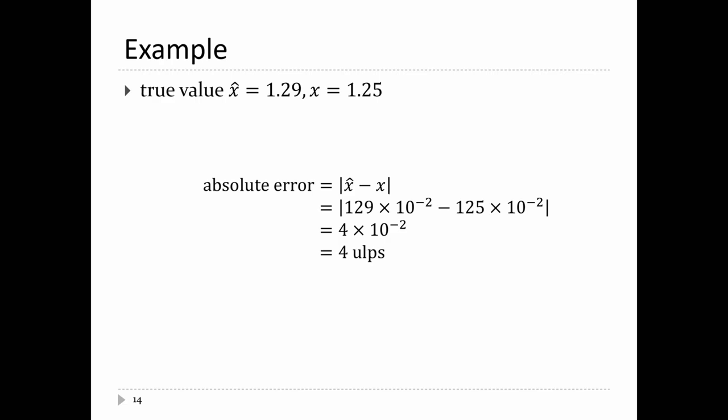Now you compute the something: here it has to be minus 2, so that you get 1.29. And you do the exact same thing with the 1.25, making sure you write it out with that exponent. This one's easy, the exponent's the same. Now you just take the difference, so you do your subtraction, and you get 4 times 10 to the minus 2. That number there is your error in ULPs.